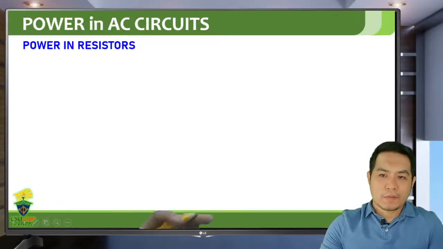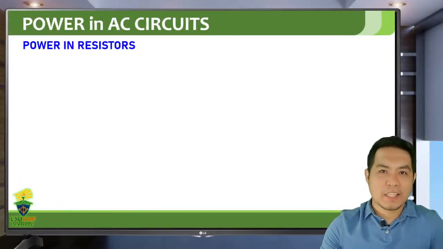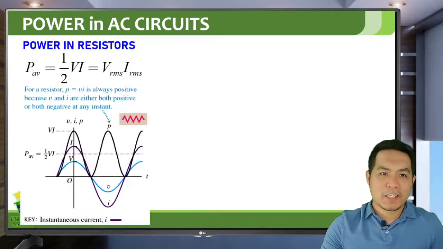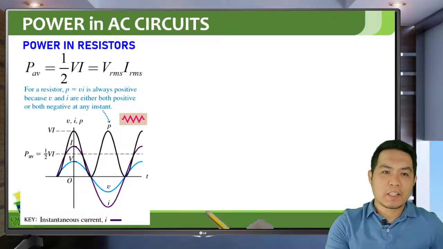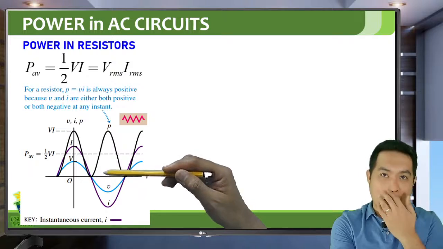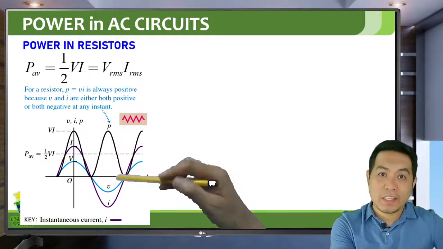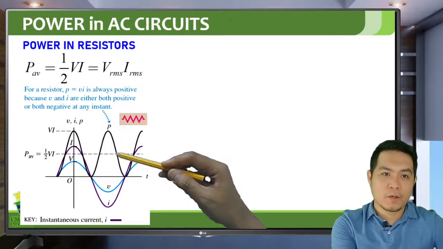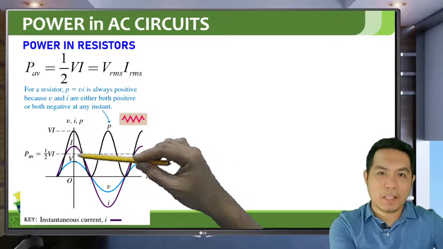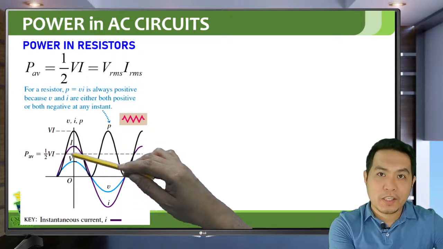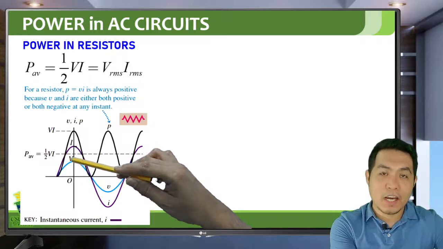So let's first talk about power in resistors. Resistors in AC circuits. If you have a resistor in an AC circuit, the power is basically just the multiplication of the instantaneous voltage and instantaneous current. Take note that in resistors, the voltage and the current phasors are in phase.